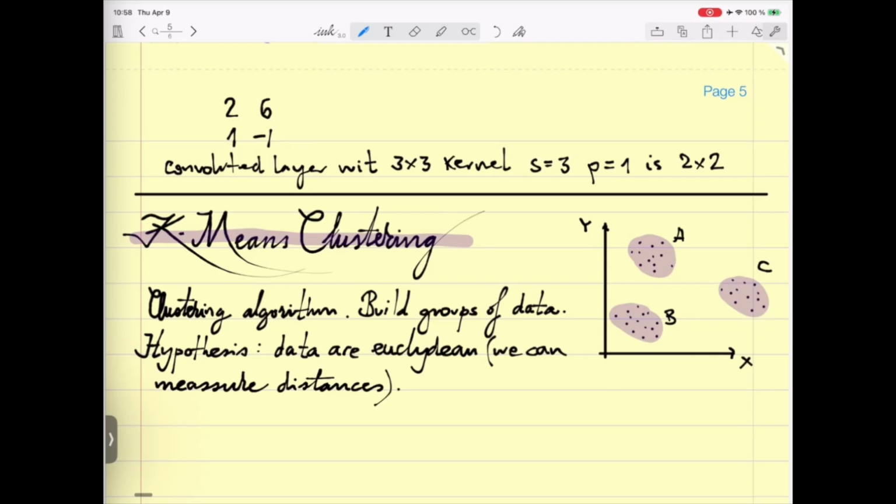Okay. K is a parameter giving the number of groups.